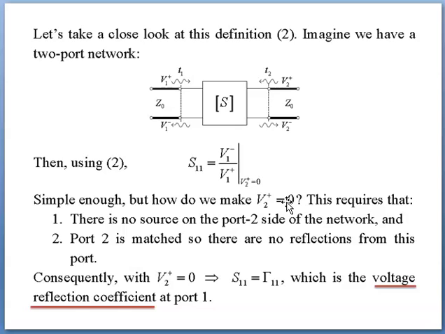This is because, number 1, there is no source on the port 2 side of the network, or number 2, port 2 is very well matched, so there will be no reflection at all from this port. Consequently, with V2 plus equal to 0, S11 will be equal to the reflection coefficient at port 1.